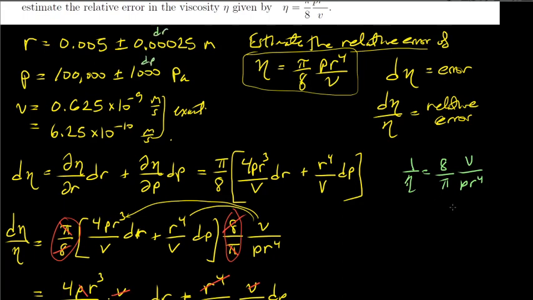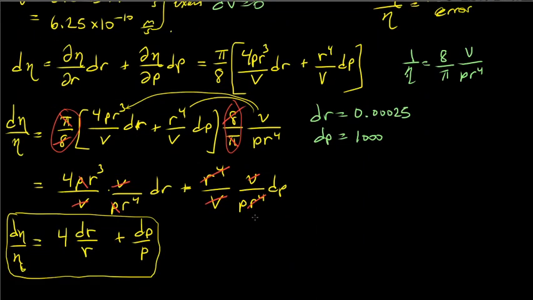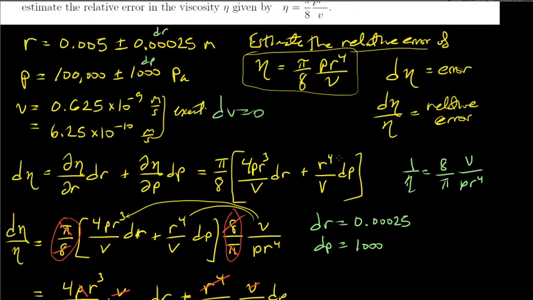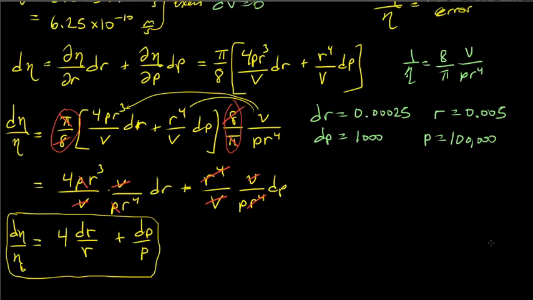So for reference, dr is just 0.00025, and dp is 1000, and dv is 0, of course, because the velocity is exact. Oh, and r is presumably 0.005, and p is 10 to the 5th, or 100,000, either way.